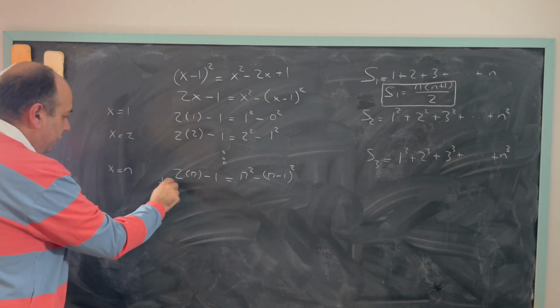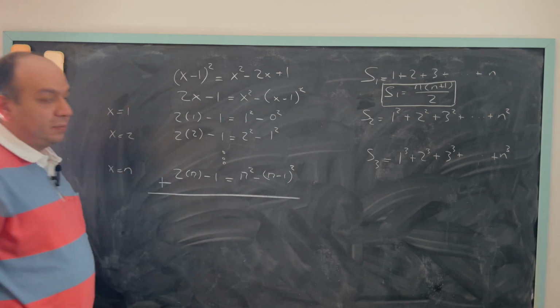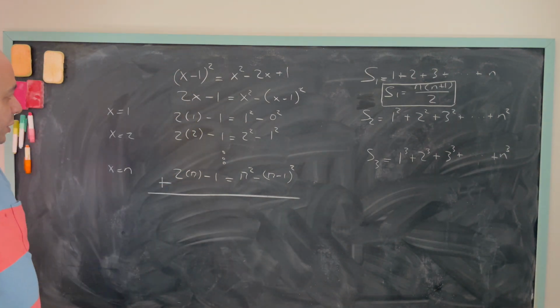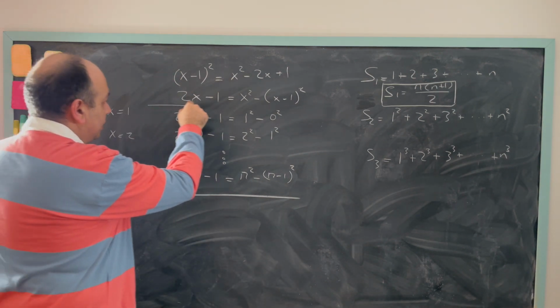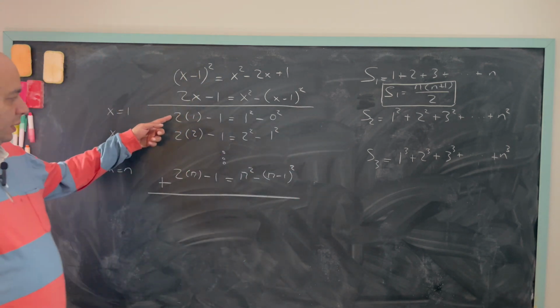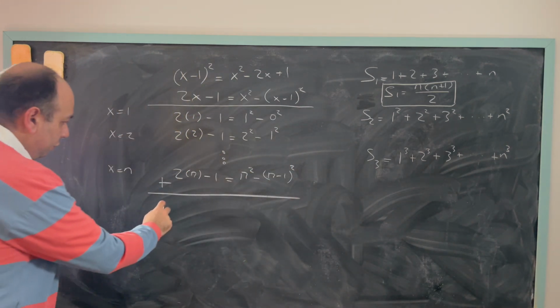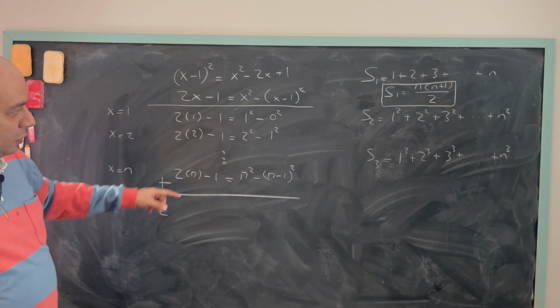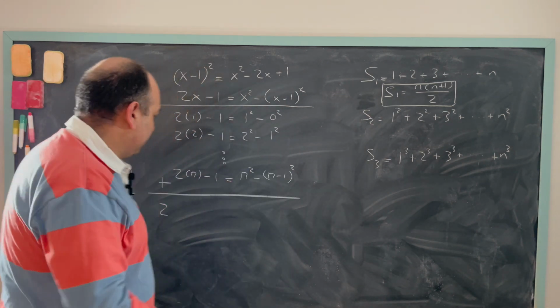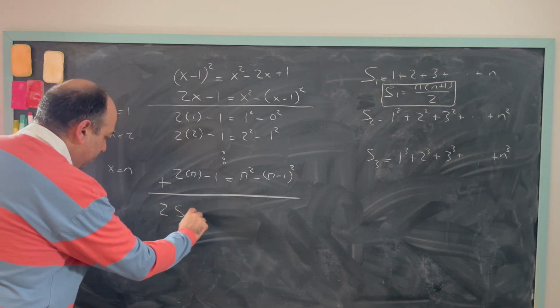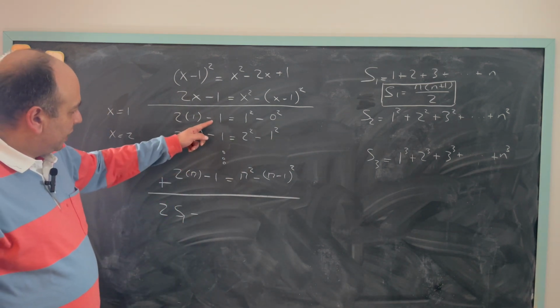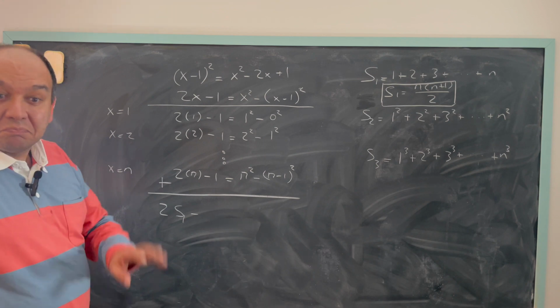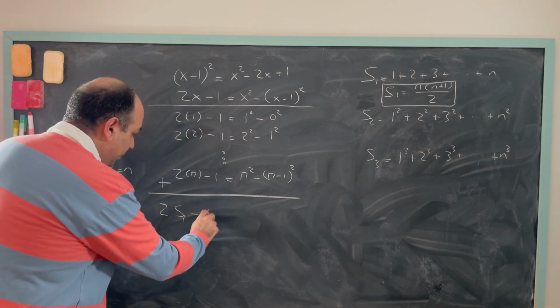Good. So if I add all of these equations side by side, I have a factor of 2, then 1 plus 2 plus all the way to n, nothing but S1, right? Minus 1, minus 1, minus 1, n times, so it's going to be minus n.